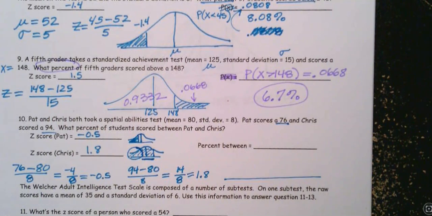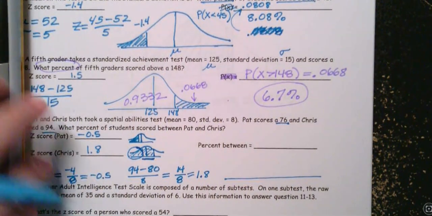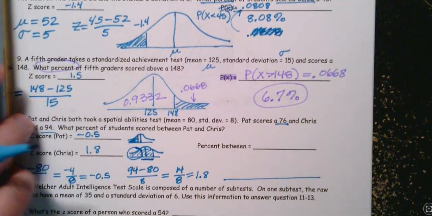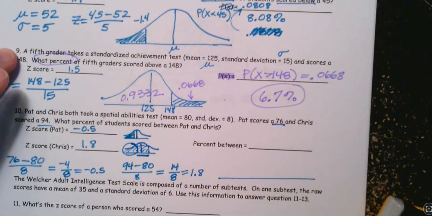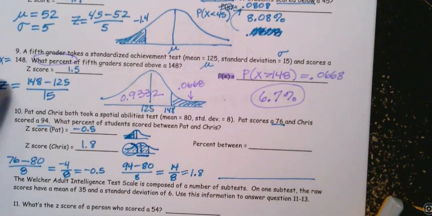I probably do it both ways. Because the concern is, what if you're supposed to use the table? And this kind of implies we're supposed to use the table because we were asked for z-scores, but it doesn't specifically say use the table. Let's go ahead and use the table first and then check it with the calculator, because you almost guaranteed will get a slightly different answer. The question is how much different.